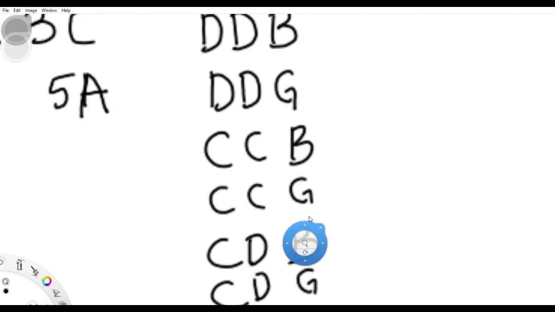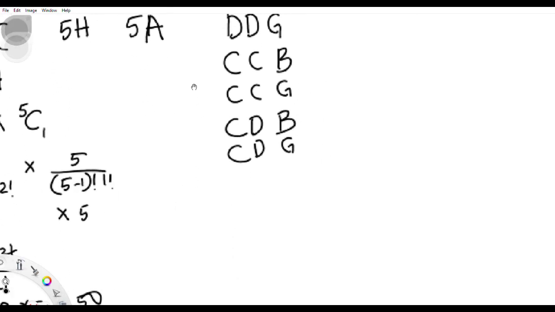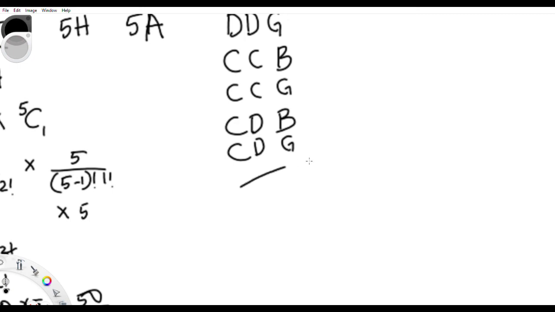These are the possible ways, and when you find the number of ways for each of them and sum them, it should still give you 50.